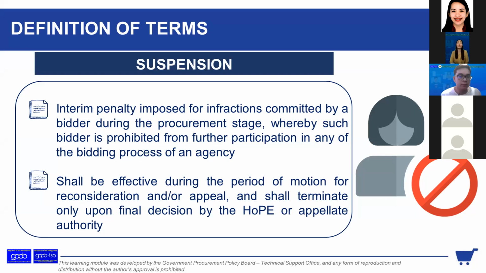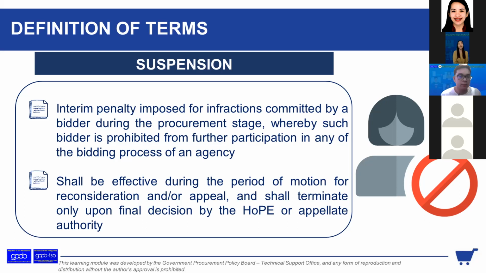Kasi kung suspension mo 1 year or 2 years, during the time na may motion for recon pa yan or appeal, nagti-take effect na yung suspension ng prospective bidders, no? Only upon final decision na nilift yung suspension, saka lang din malilift, na hindi pala siya guilty for this infraction.